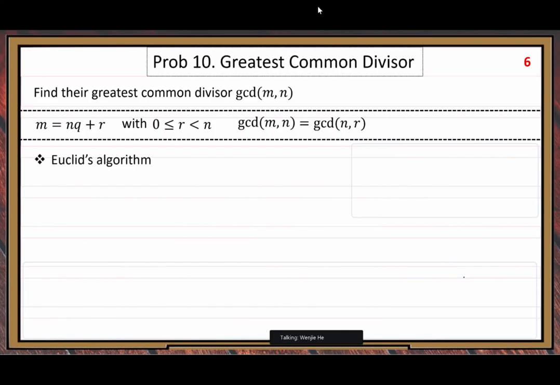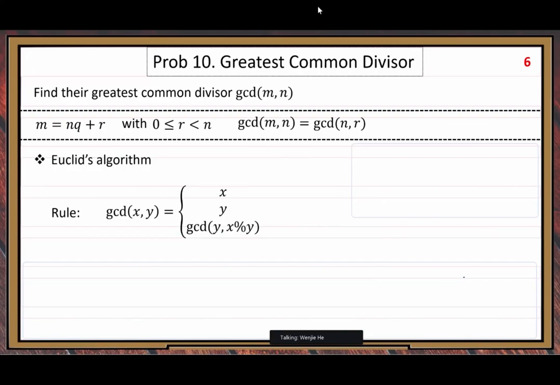So it's the famous Euclid's algorithm. So ancient, more than 2,000 years old. Very basic, very powerful algorithm. The rule. So our recursion rule.